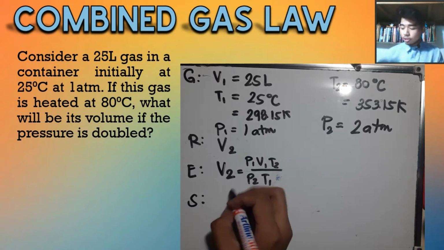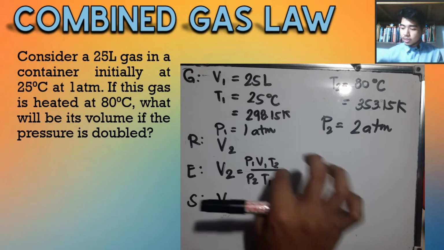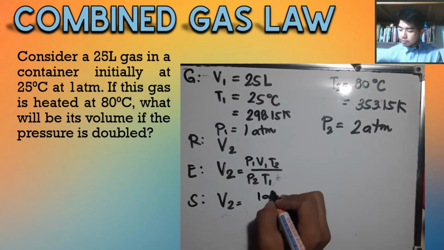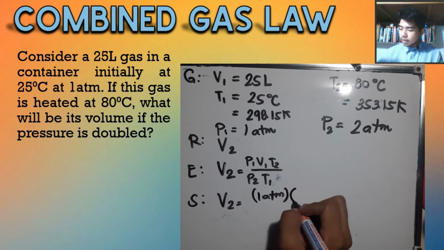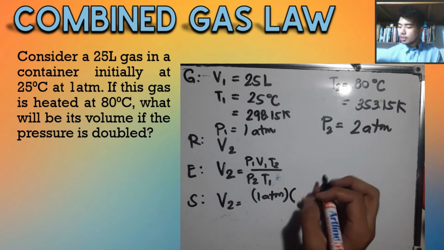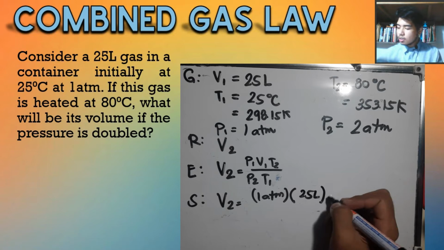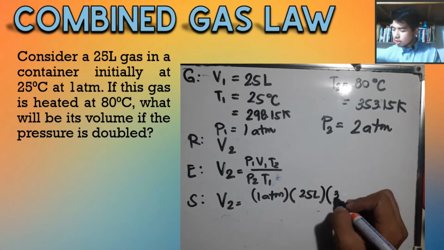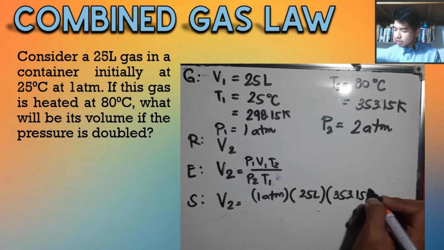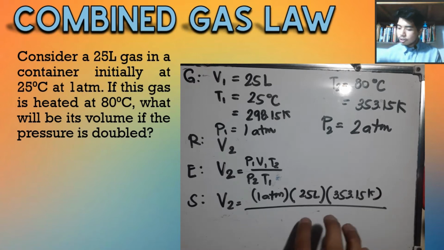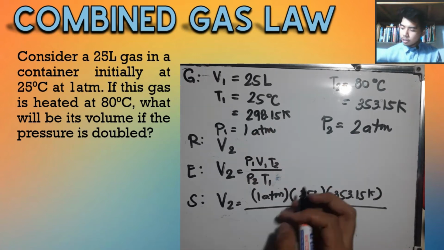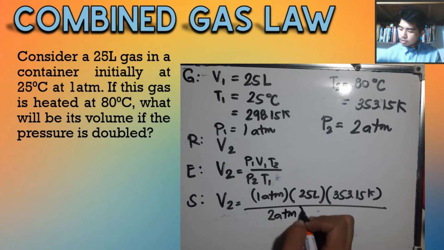For our solution, final volume is equivalent to P sub 1, which is 1 atmosphere, times initial volume, which is equivalent now to 25 liters. Then final temperature is equivalent to 353.15 Kelvin over our final pressure, which is 2 atmospheres.